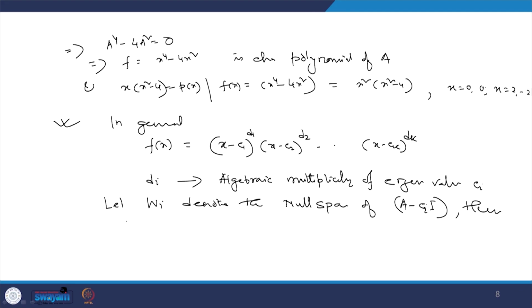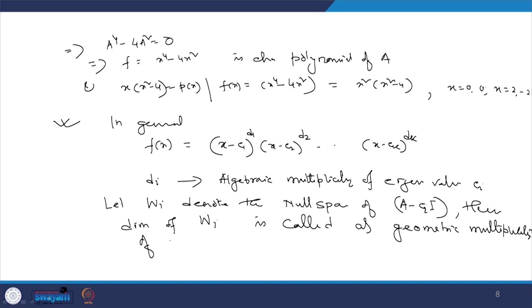Then the dimension of Wi is called the geometric multiplicity of the eigenvalue Ci.